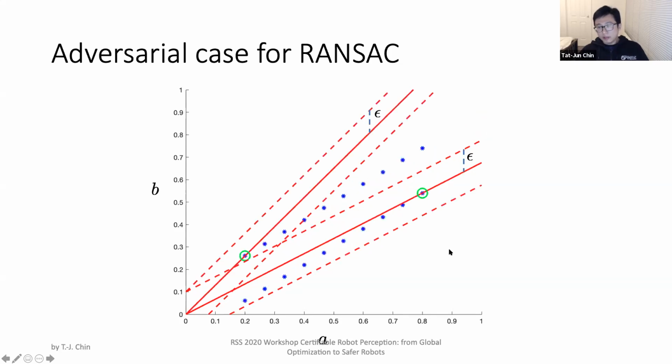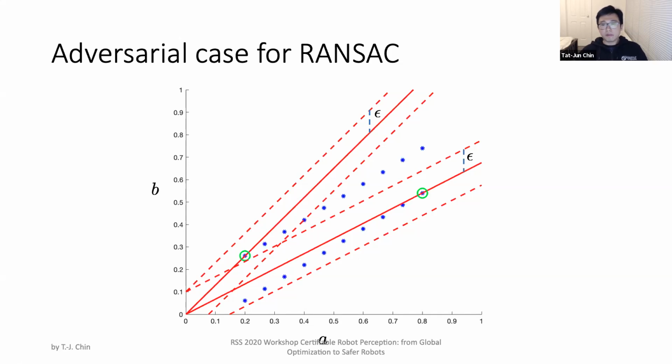These are two estimates or two minimal subsets that a RANSAC algorithm would sample, but these two don't give you good estimates for that line we want. And if you try all the other minimal subsets, none of them will give you good estimates.